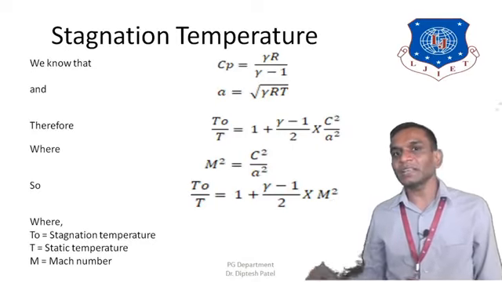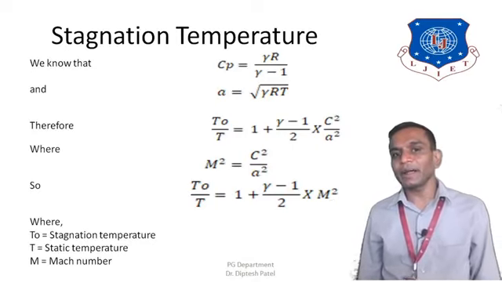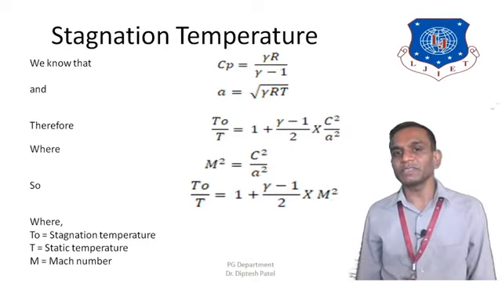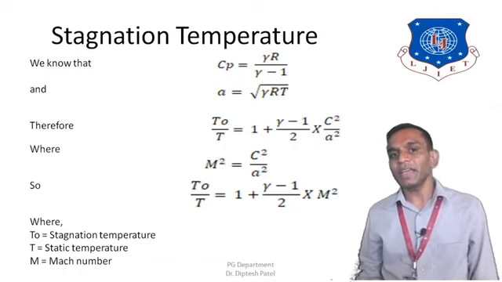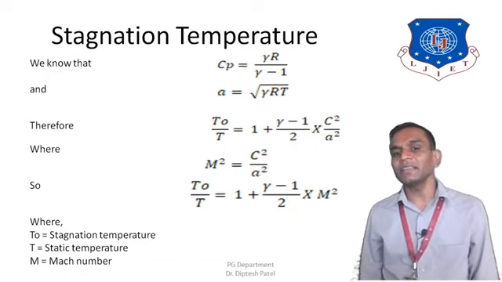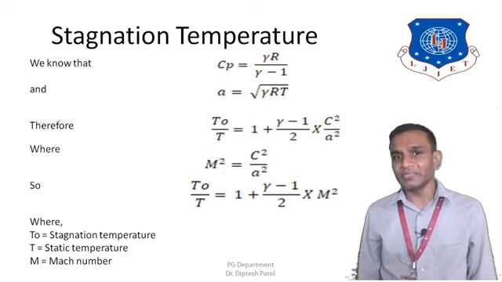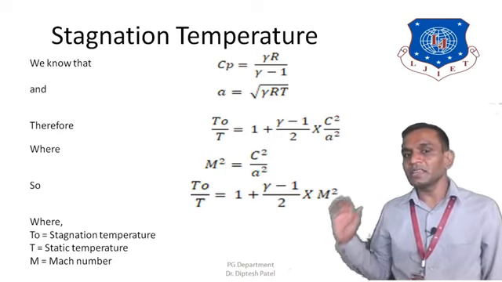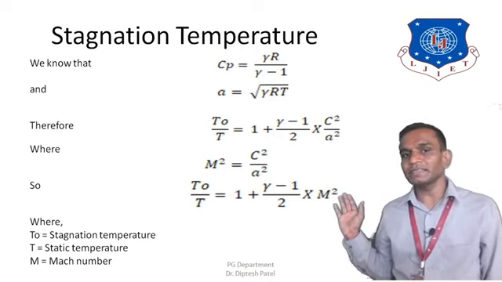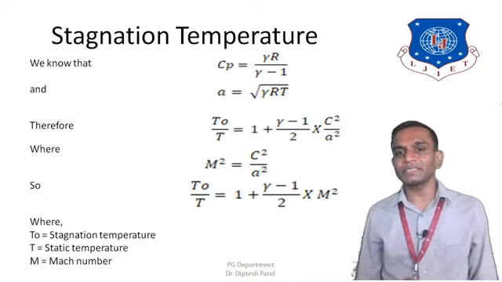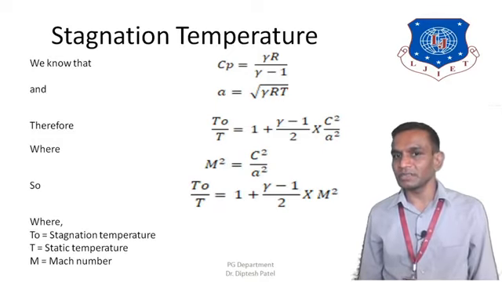Now, since we know that the square root of gamma RT is equal to a, the sound velocity, you can replace gamma RT with a square. Therefore, the equation can be written as T0 divided by T is equal to 1 plus gamma minus 1 divided by 2 into C square divided by a square.